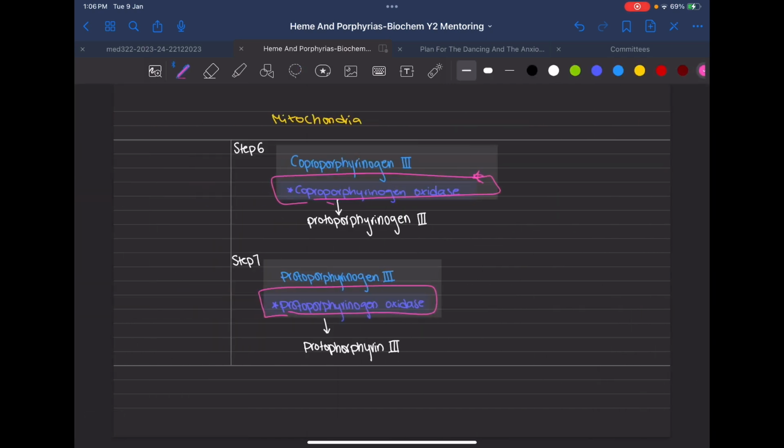So we're here, and we've gone back to the mitochondria with coproporphyrinogen 3. So coproporphyrinogen oxidase, our mitochondrial enzyme, is going to give us protoporphyrinogen 3. Protoporphyrinogen 3, in the presence of this enzyme, protoporphyrinogen oxidase, is going to give us protoporphyrin 3.